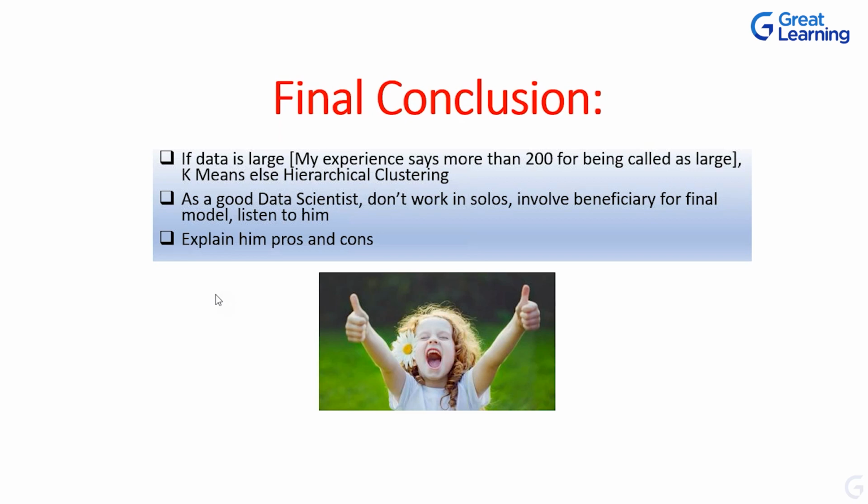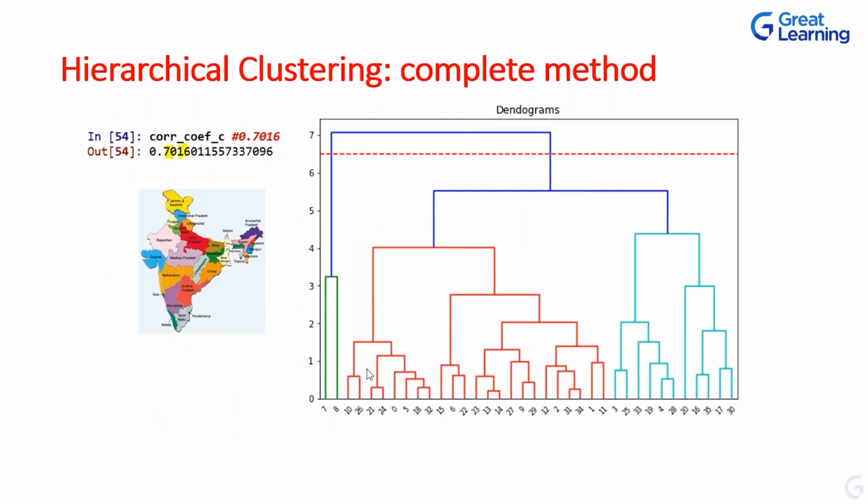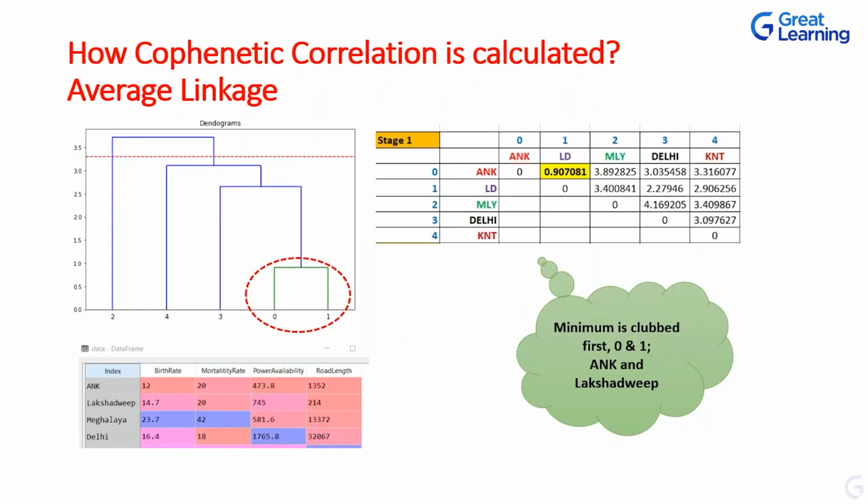Don't work in solos. Involve the beneficiary. Show him this cluster, which looks better from the hierarchical model, and show your three K-means clusters. And seek the opinion of the beneficiary. And let them take the final call.